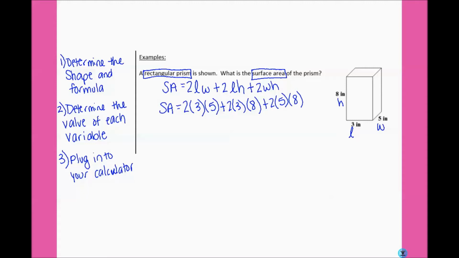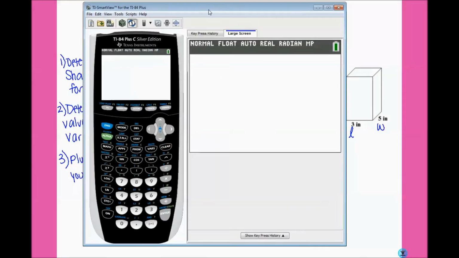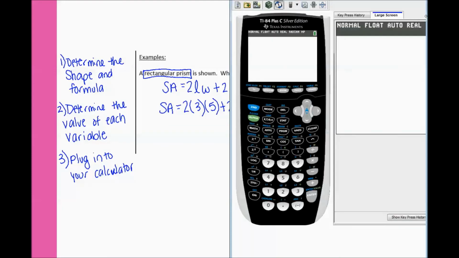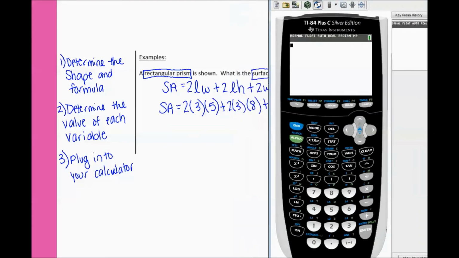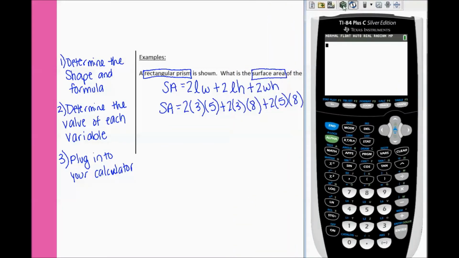And now you're literally going to type it in just like that into your calculator. 2 times 3 times 5 plus 2 times 3 times 8 plus 2 times 5 times 8, and it gives us 158.